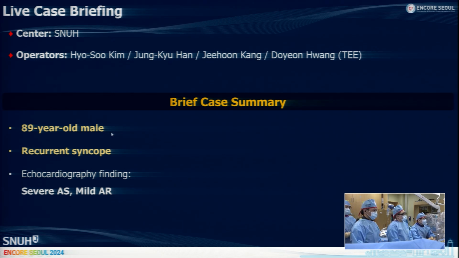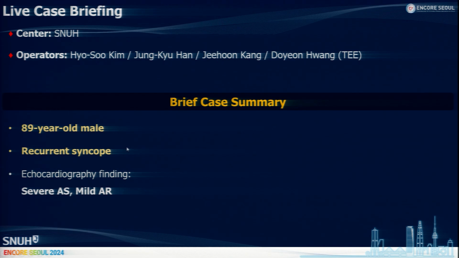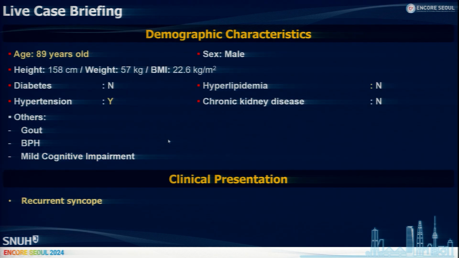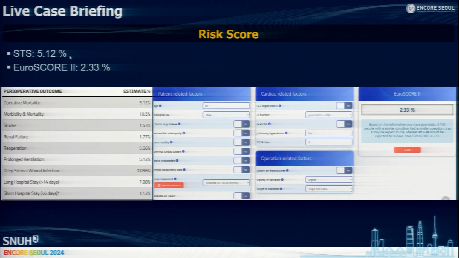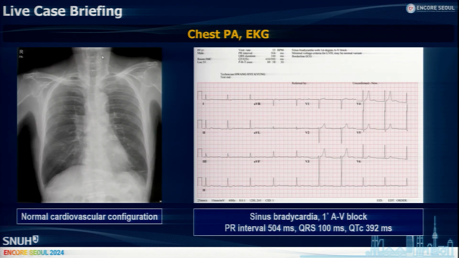89 years old male with recurrent syncope, plus BMI is 23, plus intermediate surgical risk, plus normal chest X-ray, but ECG is problematic.